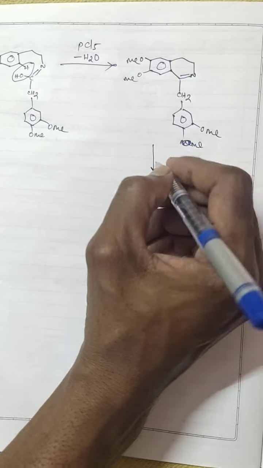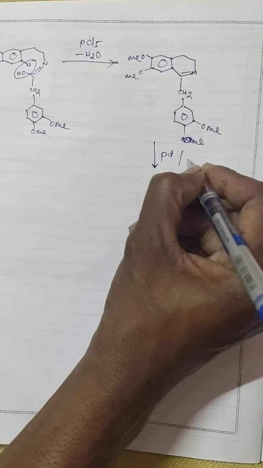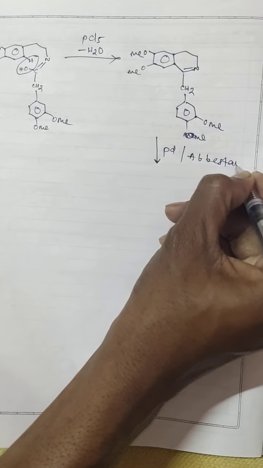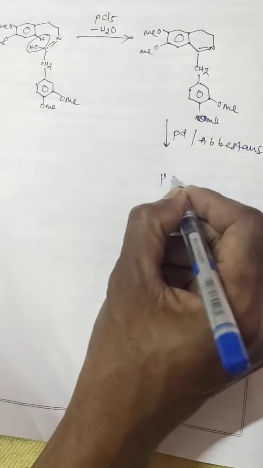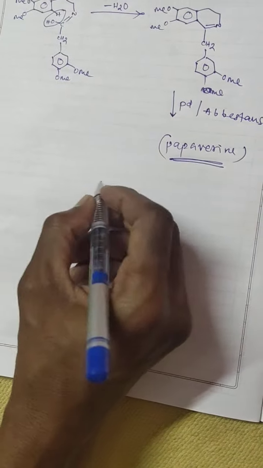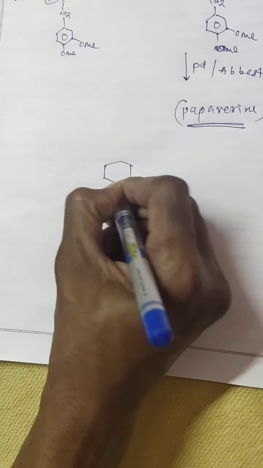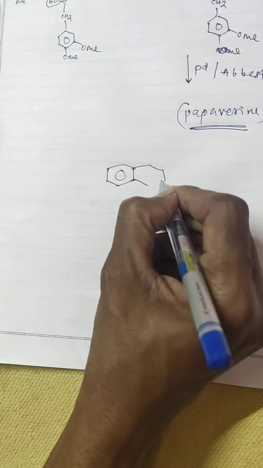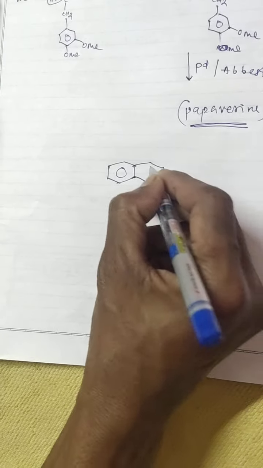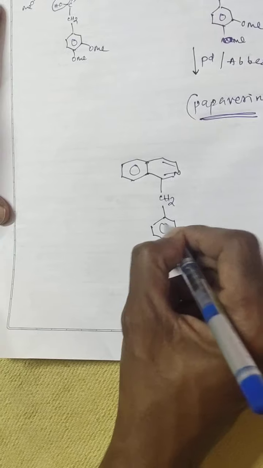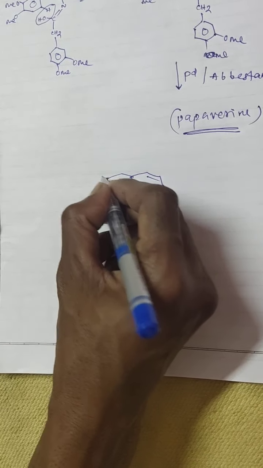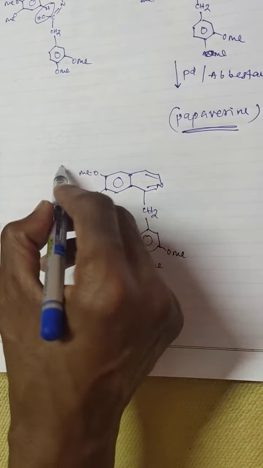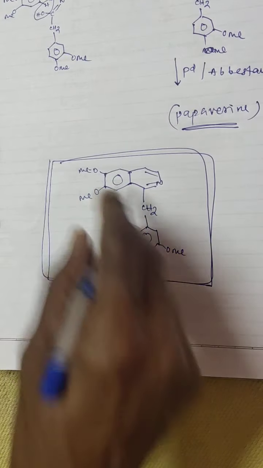So whenever hydrogenation with palladium asbestos, double bonds form, giving papaverine. So that is the synthesis of papaverine. So the total structure of papaverine is like this: N, CH2, methoxy groups, here also methoxy groups. So this is the structure of papaverine, right?